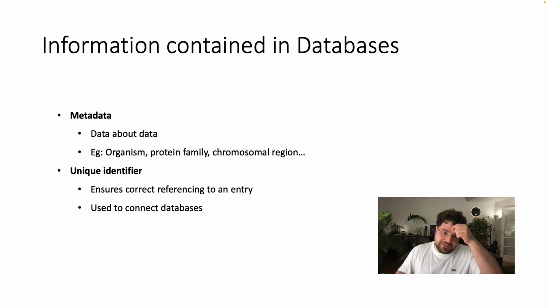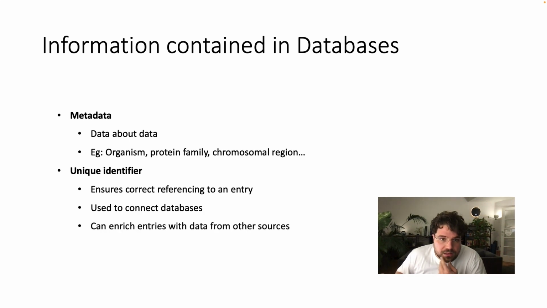We're going to see some examples later about how you connect databases with UniProt. And then, thanks to this interconnection, you can enrich the information of a database with information from others that are pointing towards each other.